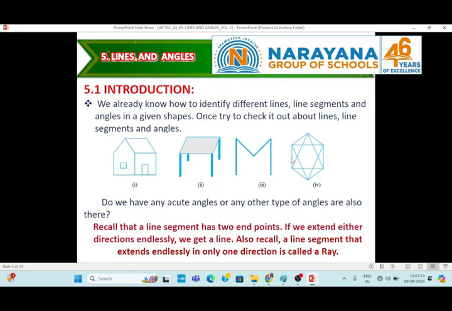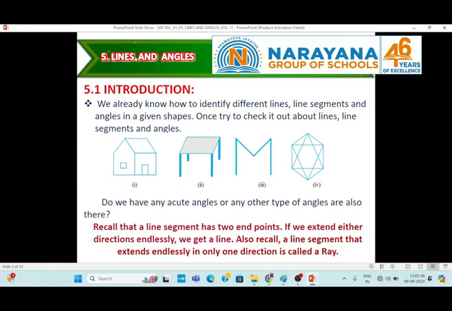From this figure, if you observe carefully, here it is an obtuse angle, and here this is a 90 degrees right angle, and of course this is an acute angle, this is an obtuse angle, and this is a reflex angle below the M at this corner. So there are all types of possibilities from these four figures.